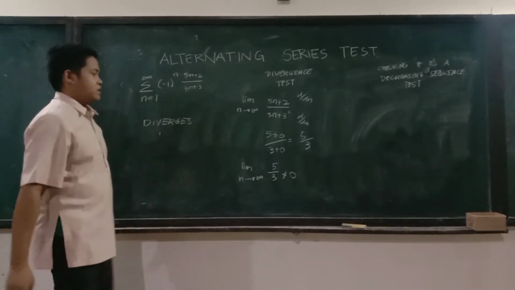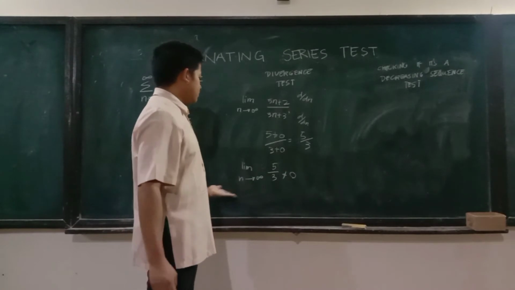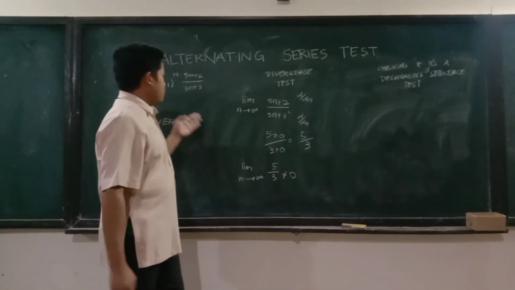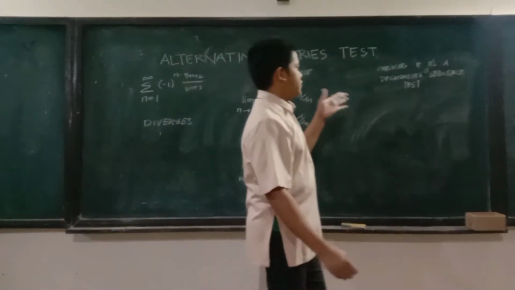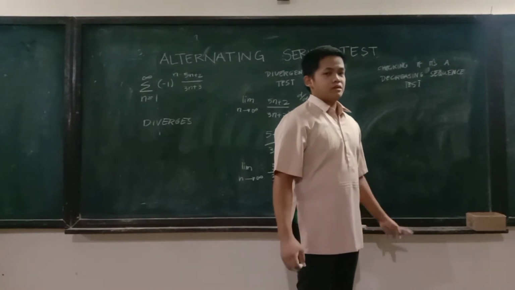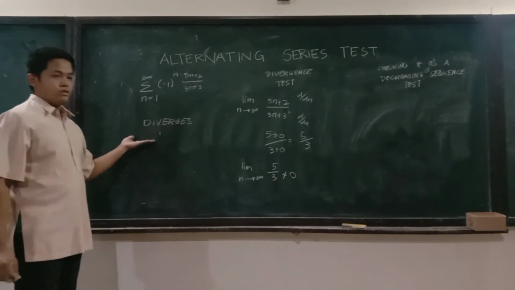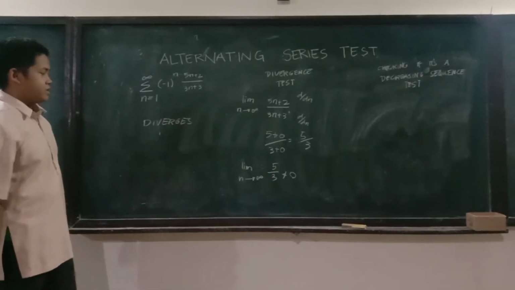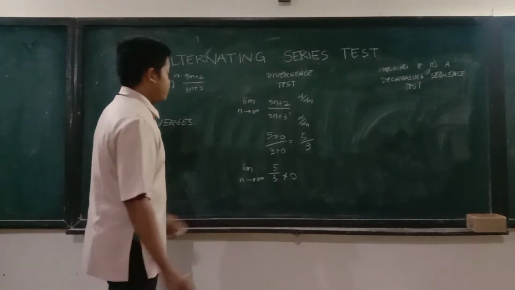And since from the first step we failed to show that this problem converges, we cannot check if it is a decreasing sequence. Therefore, we conclude that this problem actually diverges. So let's proceed to another question. But first, allow me to erase this one.